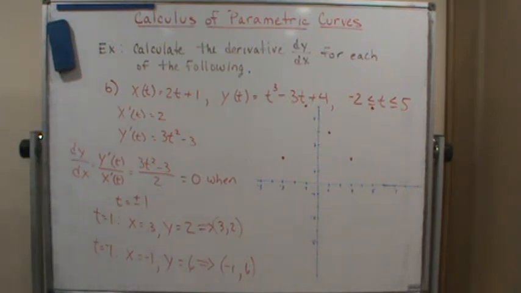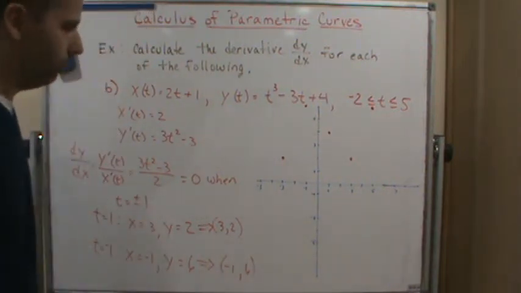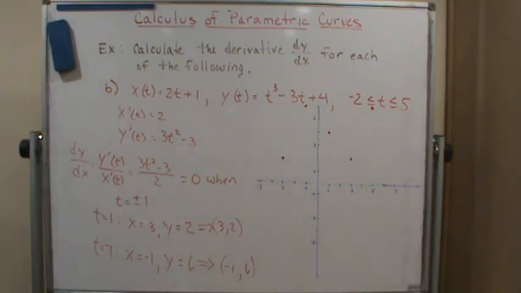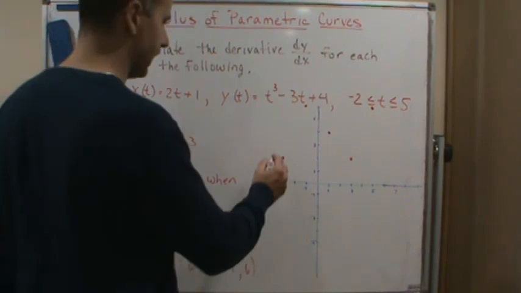Okay, and then at 3, I think we're, hold on a second. Right, so then it just keeps going up. So what do we have here? What we have is something that looks like this.